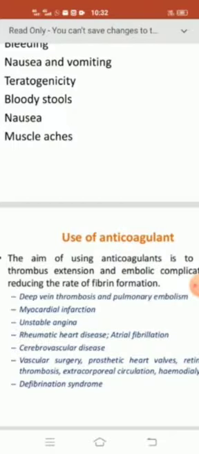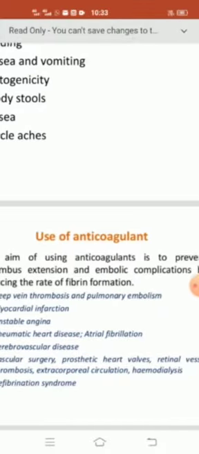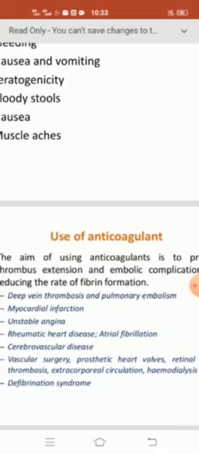Then in myocardial infarction, in short MI, unstable angina, rheumatic heart disease, atrial fibrillation, cerebrovascular disease, then in any other vascular surgery, prosthetic heart valves. In all these conditions, and also defibrination syndrome. These are some of the uses of the anticoagulants.